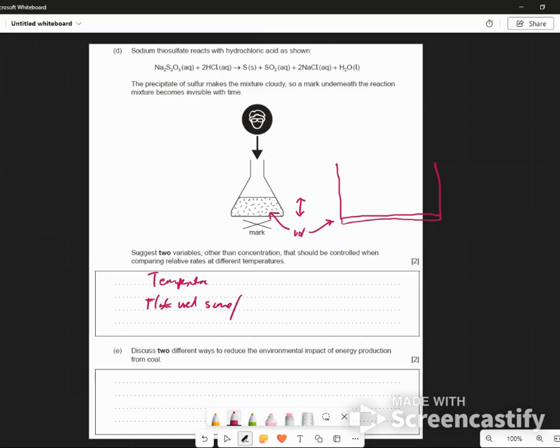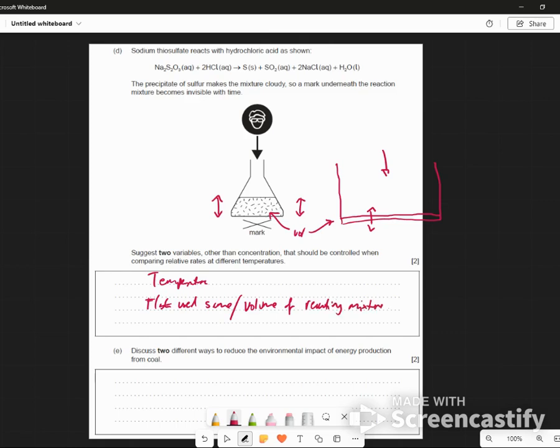And so if you look down it, this one will take forever for the cross to disappear because you're looking through a very shallow depth of solution. But here you're looking through a bigger depth. So the type of flask used must be the same. So should the volume of the reacting mixture. That's got to be the same as well.